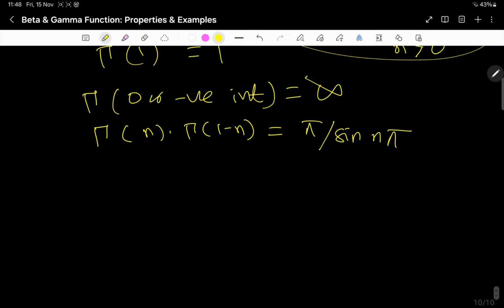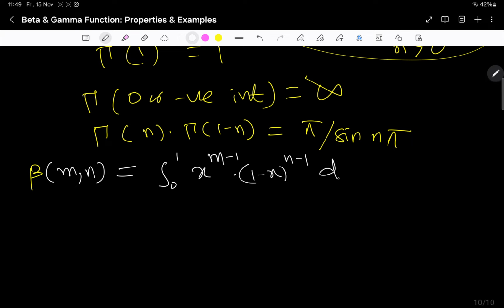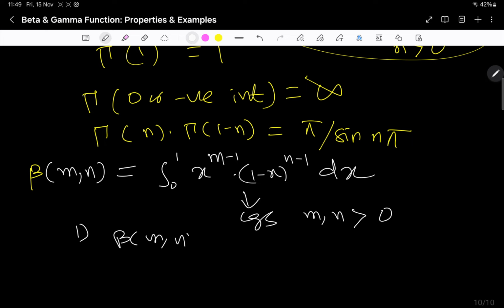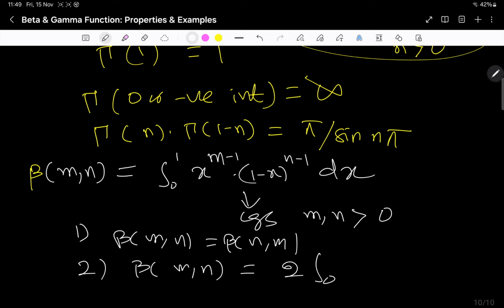Likewise, we recall the properties of the beta function at a glance. It is integral 0 to 1 x to the power m minus 1 into 1 minus x to the power n minus 1 dx, and it will converge when m and n are both positive. Beta mn is beta nm, and beta mn is equal to twice integral 0 to pi by 2 sine to the power 2m minus 1 theta cos to the power 2n minus 1 theta d theta.